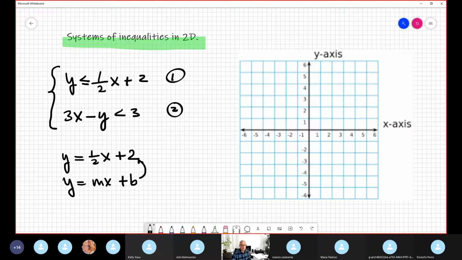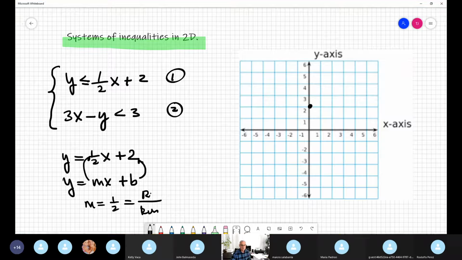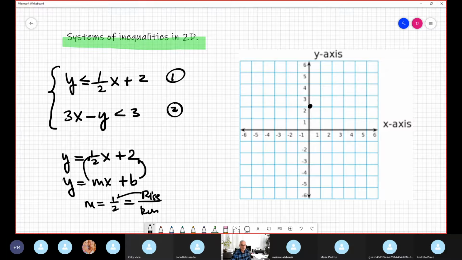B is 2, so the y-intercept is 2. And its slope is 1/2. You know that slope is the ratio between rise and run. Run is 1, rise is 2. Positive, so it goes up, and 2 here. You get the second point, and we connect both points.